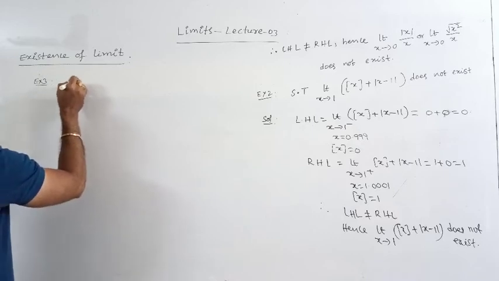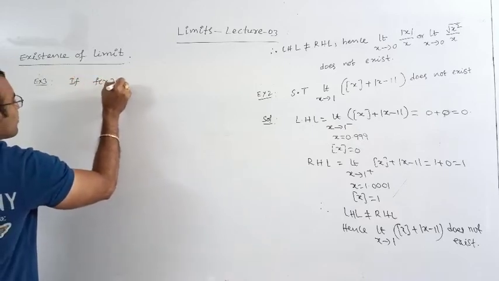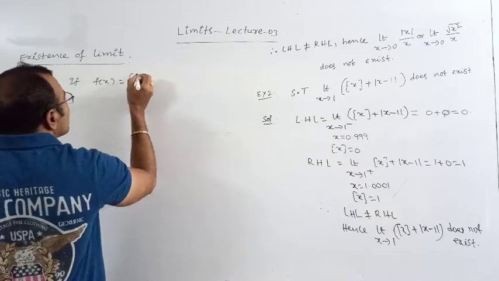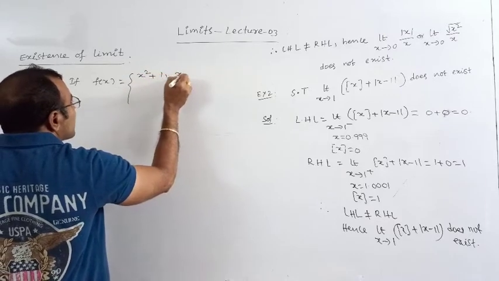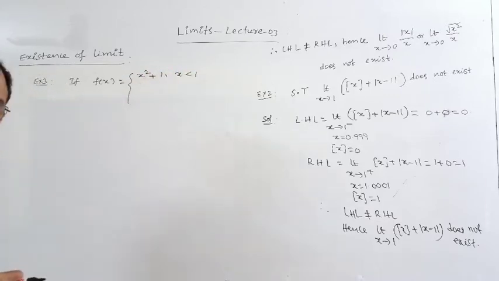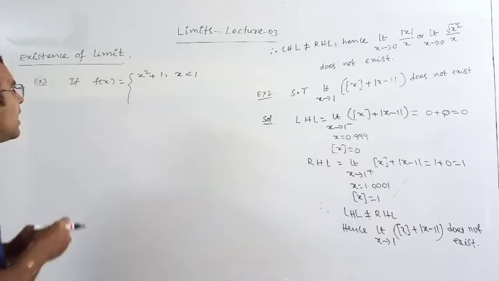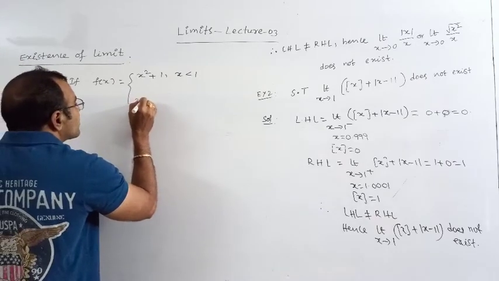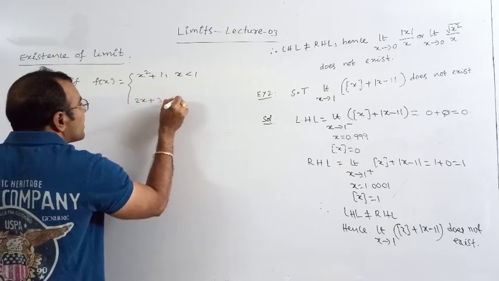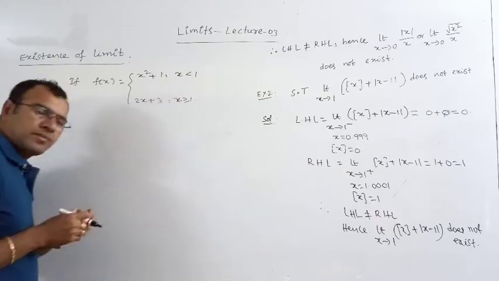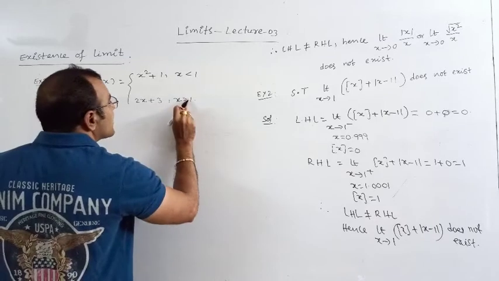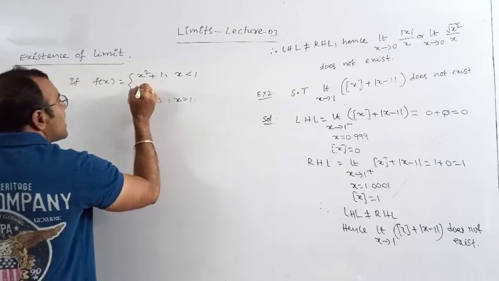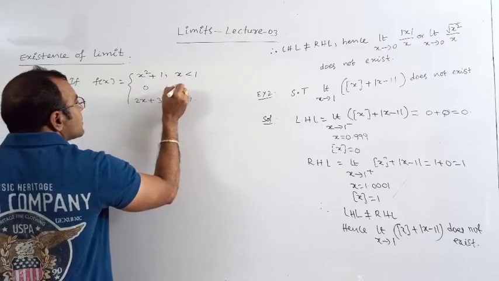If f of x equals x square plus 1 for x less than 1, and 2x plus 3 for x greater than 1, and its value is 0 when x equals 1.